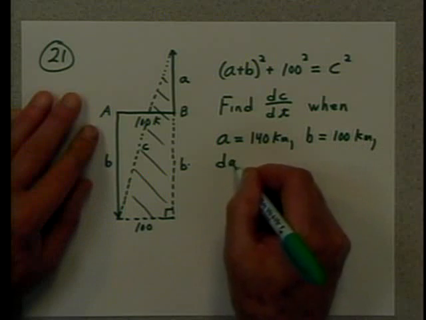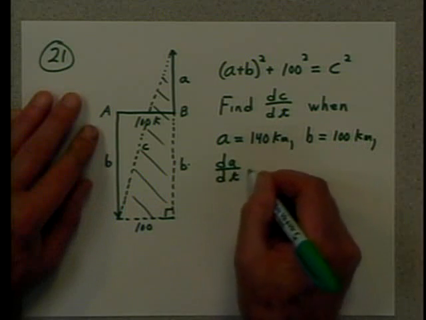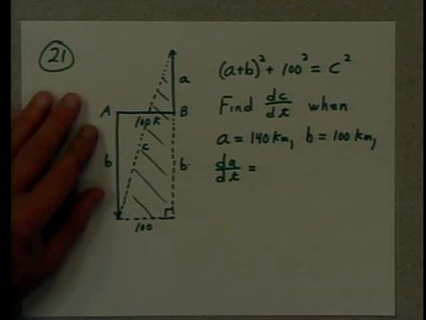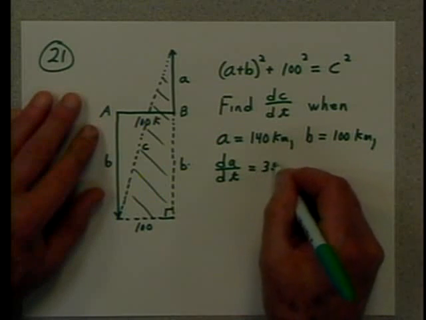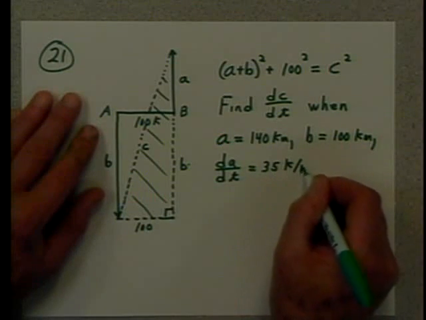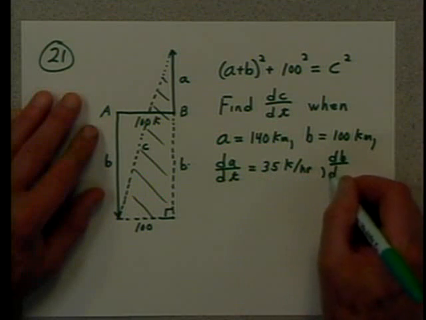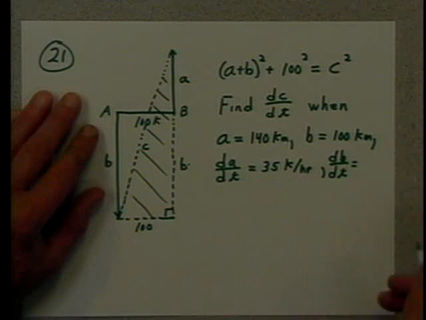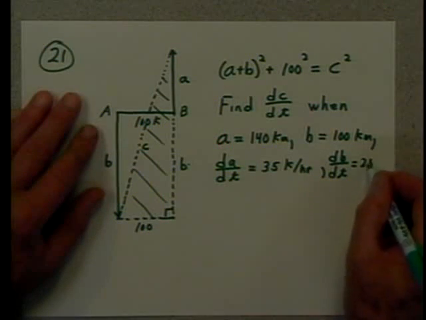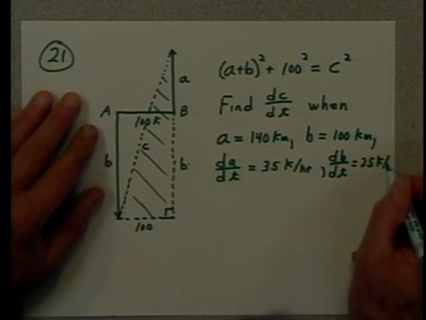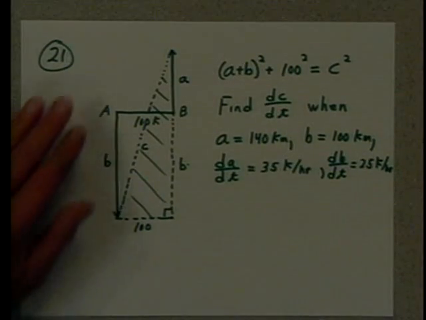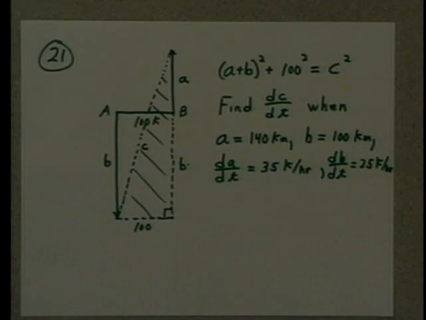Okay, what would dA/dt be, the rate at which A is changing? 35. And finally, the rate at which B is changing. 25. Okay, that's everything just taken right out of the reading, right?